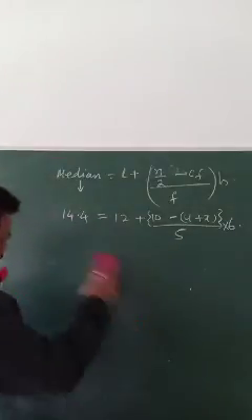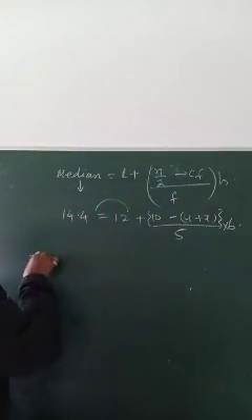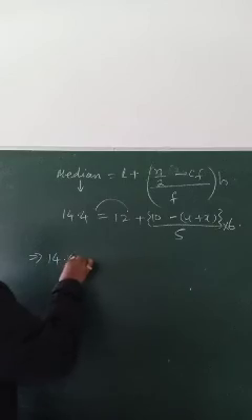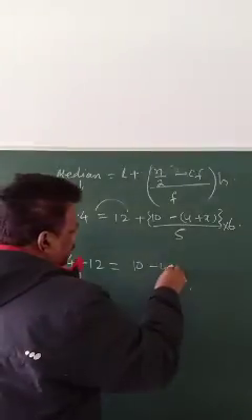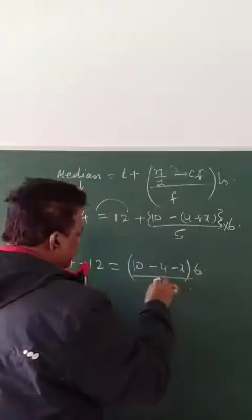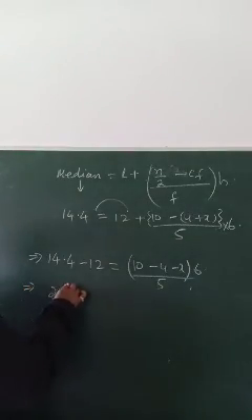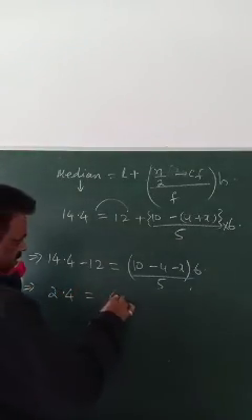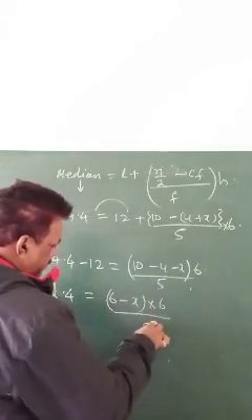So, is the method I told you? Bring this number this side. 14.4 minus 12, 10 minus 4 minus x, here is 6 by 5. This is 2.4 equals to 6 minus x into 6 by 5.